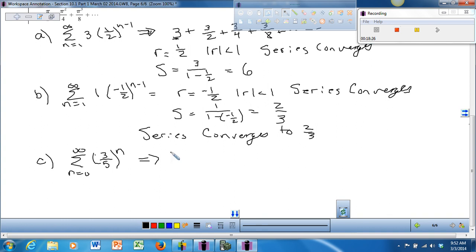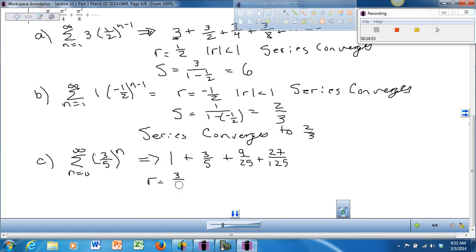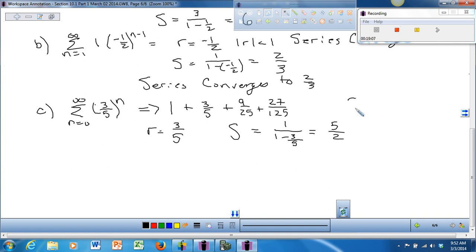What is it? 1 plus 3/5 plus 9/25 plus 27/125. All right. My common ratio here, 3/5. And our sum would equal 1 over 1 minus 3/5, or what? 5/2. Okay, so the series converges to 5/2.